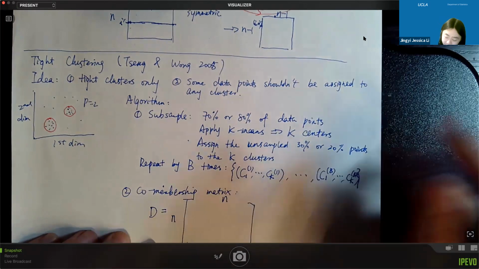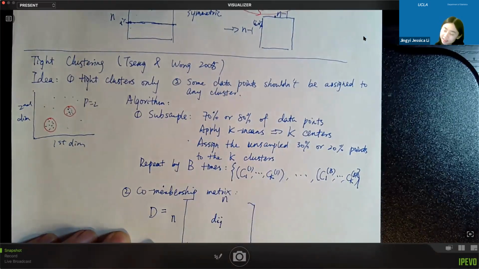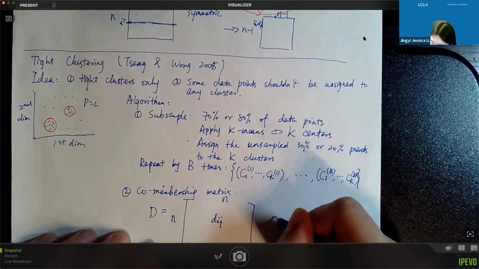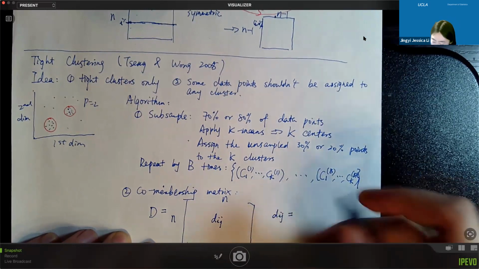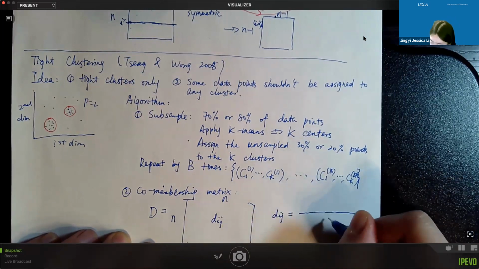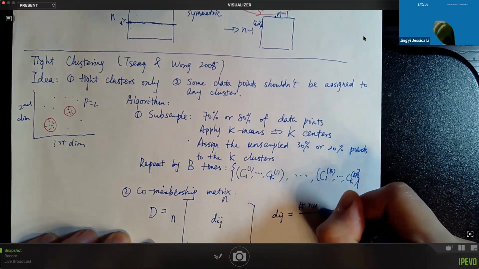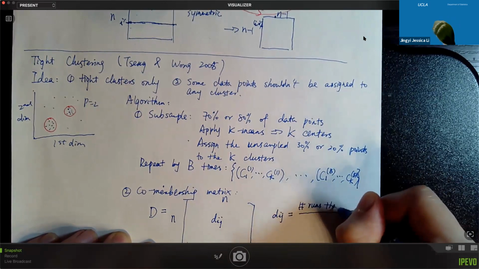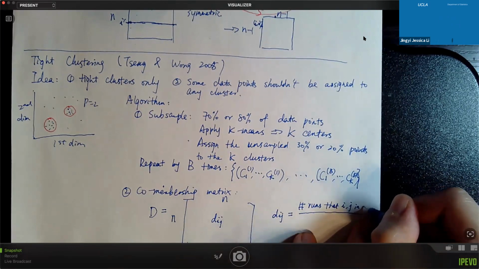So let's say that the ijth entry, I call that dij. Then dij is defined as what? The dij is defined as the percentage of times, or I can write it as, the number of times, number of runs, that i and j are in one cluster.